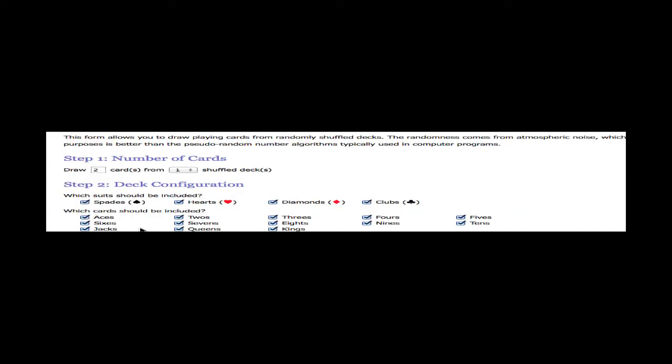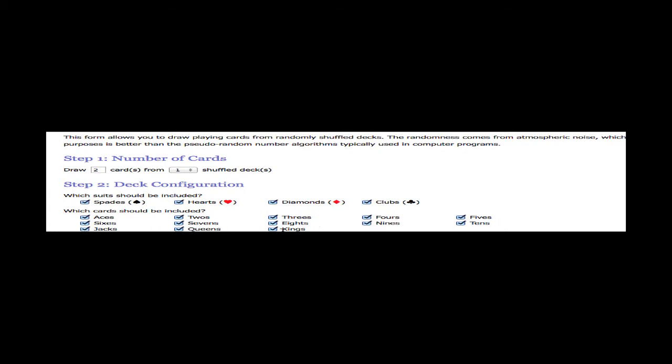Okay, I want to go back to this again, and I'm going to ask a different question here, which has to do with spades, hearts, diamonds, and clubs, and your knowledge about what these include. If you look at that, which cards should be included, I have aces, 2s, 3s, 4s, 5s, then 6, 7, 8, 9, 10, and we have jacks, queens, and kings.